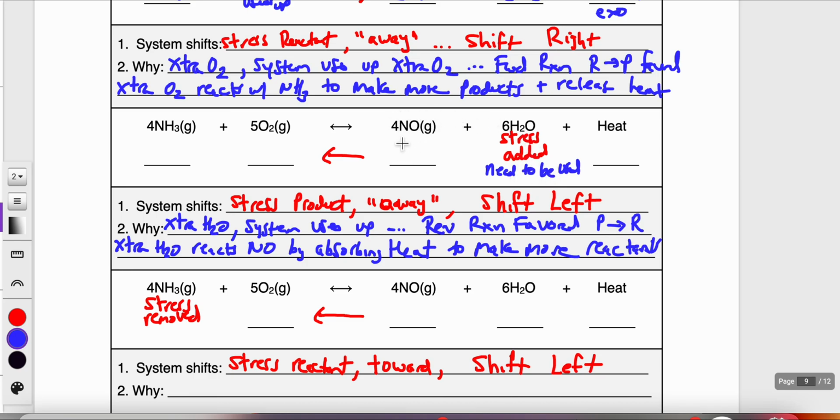So the amount of NO in the system decreases. There's going to be a little bit less. The NO and the H and the O from the water, they don't disappear in the system, but they are reformed as O2 and NH3. So now, as the system shifts left, we're going to see O2 is being made, so its concentration goes up, and the same thing with NH3.